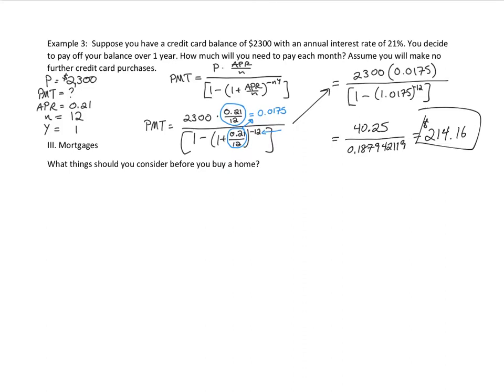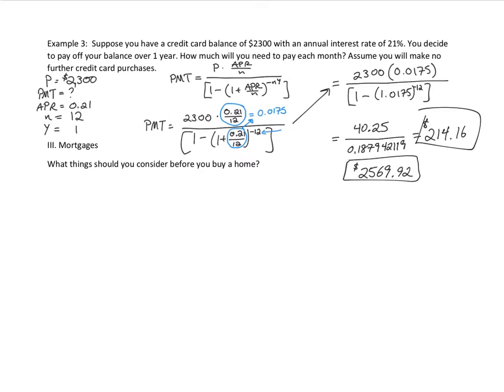So just very quickly again, if you make 12 payments of $214.16, you'll end up paying, and I'm just going to write it here, $2,569.92.